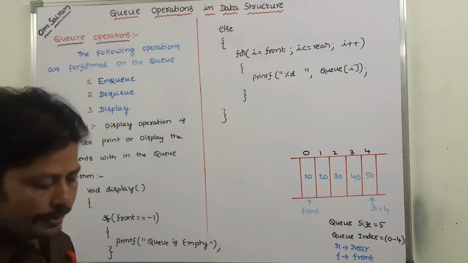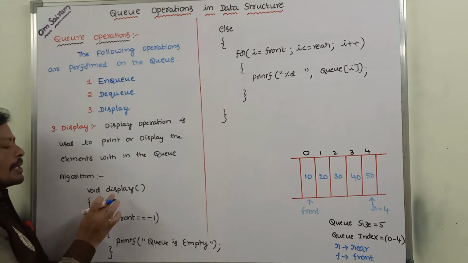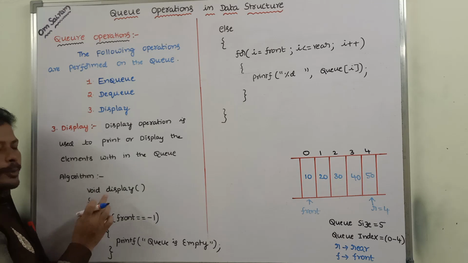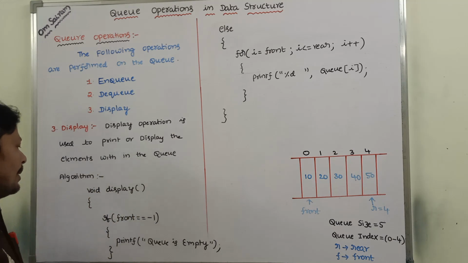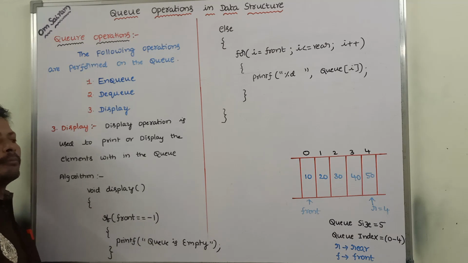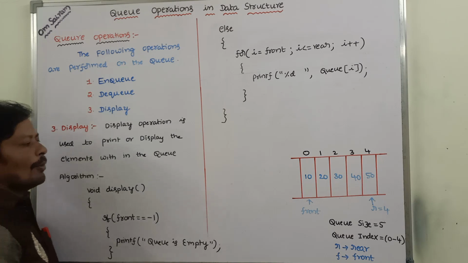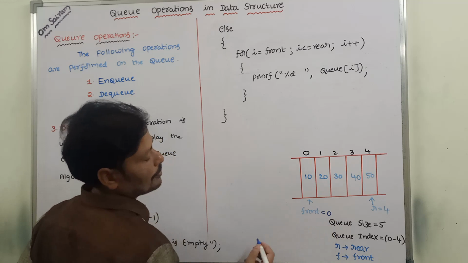So first one, void display. Here display function does not return anything, so we have to write void before the display function. Brace begin, if front equal to -1. Okay, so what is the front value here? Front value is 0.